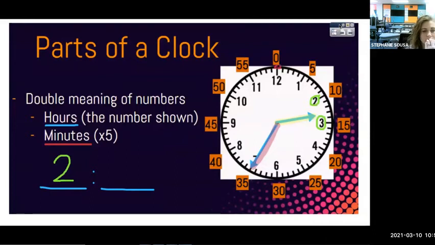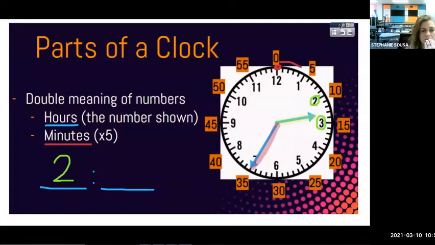If you start at the top of the clock, you will start with 0 minutes. We record 0 minutes like this. But I notice the minute hand is not pointing at 0 minutes.